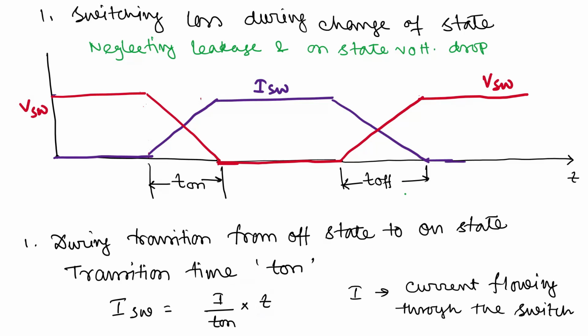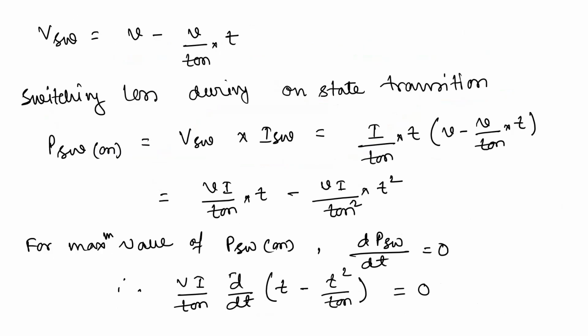Similarly, for the V switch, you can apply the straight line equation, mx plus c, but here the slope is decreasing in nature. So it is V minus V by small t on into t.